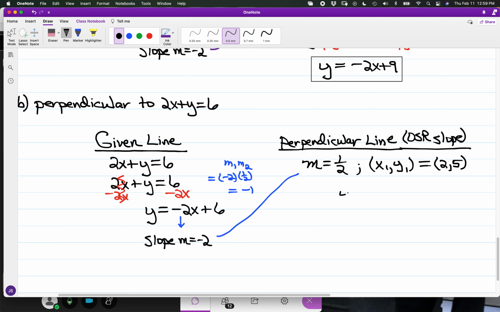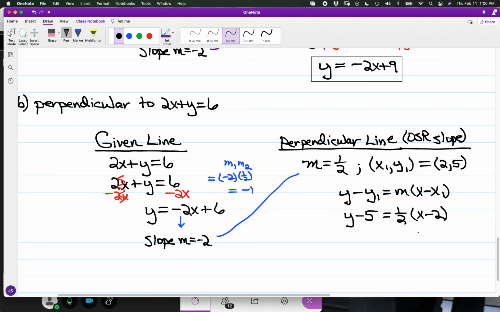And again, just initiating with the use of the point-slope formula, we have y minus y1, so we have y minus 5 is equal to the slope m, which we have at 1/2, times the quantity of x minus 2.